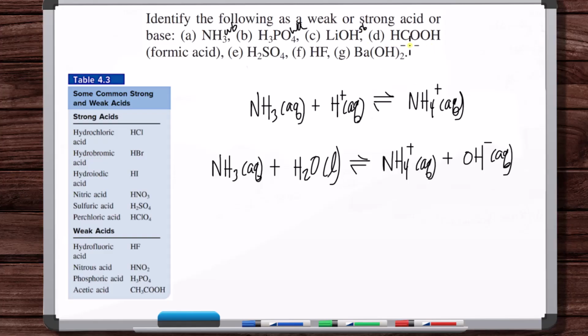Okay, HCOOH, formic acid. They don't list formic acid in this table. Acetic acid looks similar, but it's not the same. So you can do a Google search on this, do a little research on formic acid.